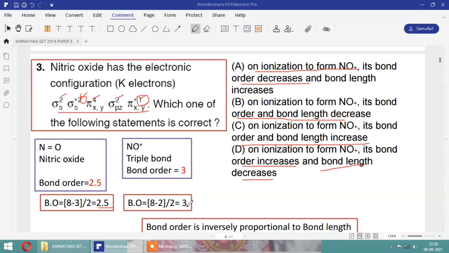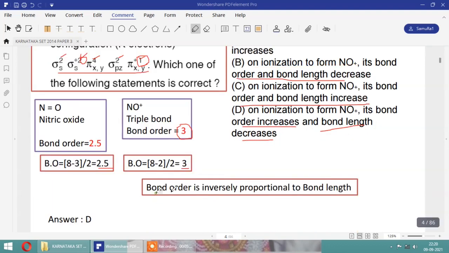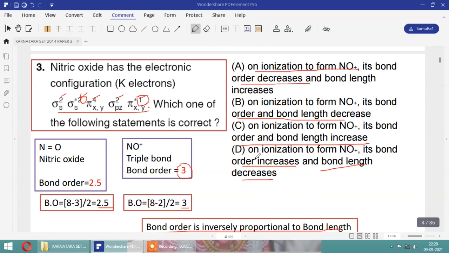So 8 minus 2 divided by 2 is equal to 3. The bond order is 3. That is, NO+ has a triple bond. So here you see the bond order increases and bond length decreases, because bond order is inversely proportional to bond length. So it's a concept. So option D is correct.